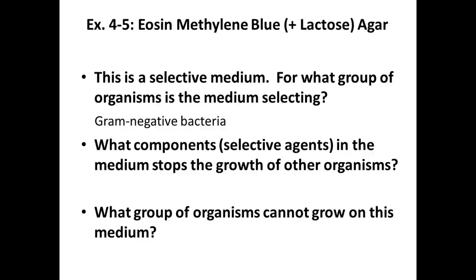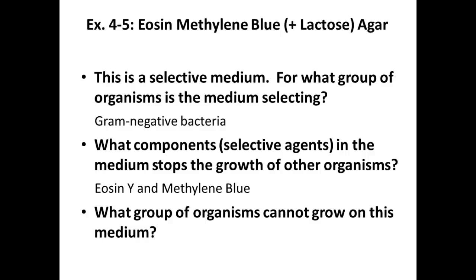Eosin and methylene blue, the 2 dyes, where it gets its name, that's found in this media. And eosin is a red dye, and methylene blue we know is usually blue, right? Under aerobic conditions, which this lab is. So back from preschool, right? When you mix blue and red together, you get purple, right? That purplish color that those plates have.